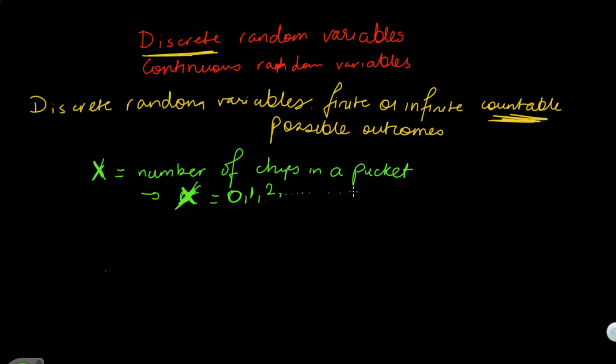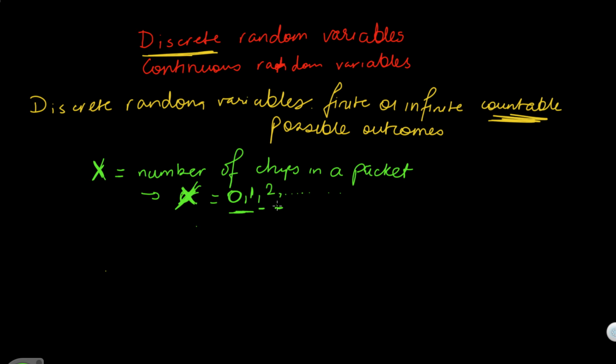If you have infinite chips in your bag, then you're a very lucky person. The main point to note is that the possible outcomes that x can have are countable. So there's 0, 1, 2, 3, 4, and so on.